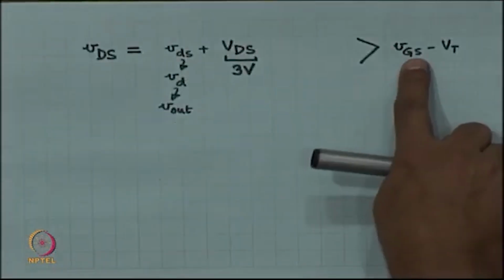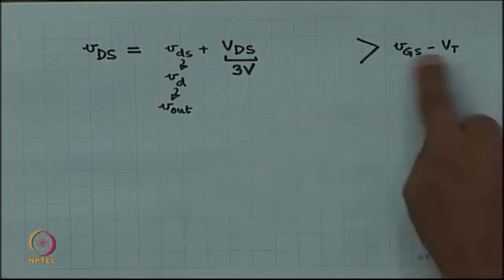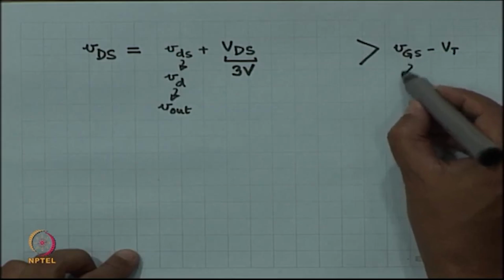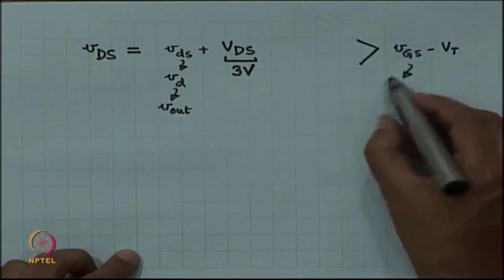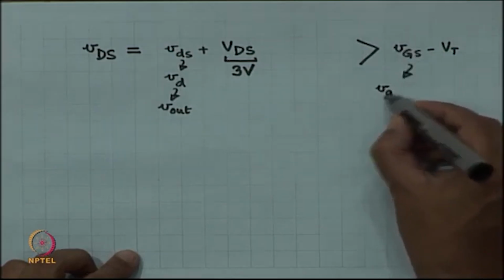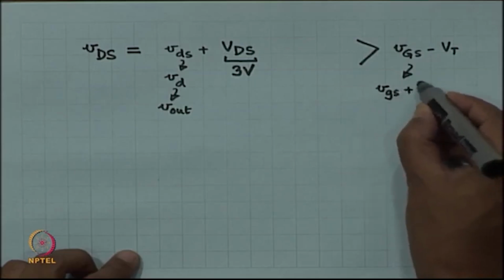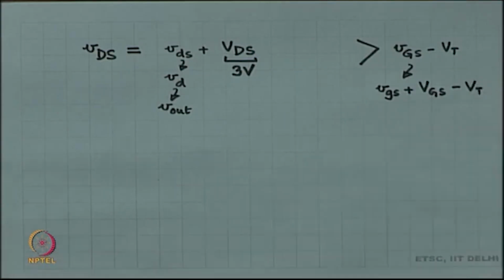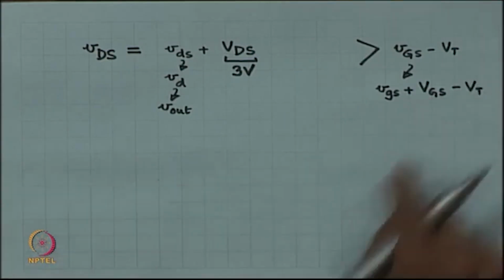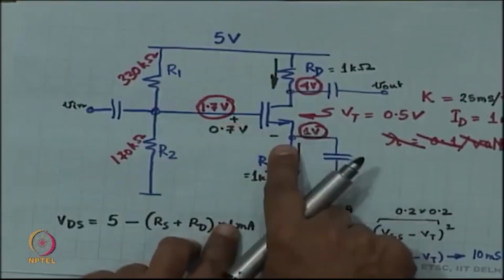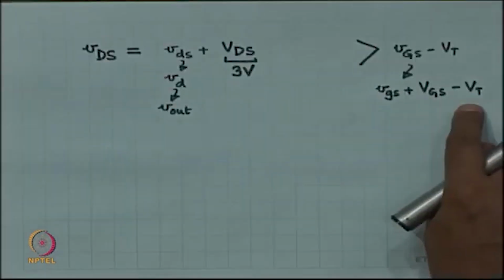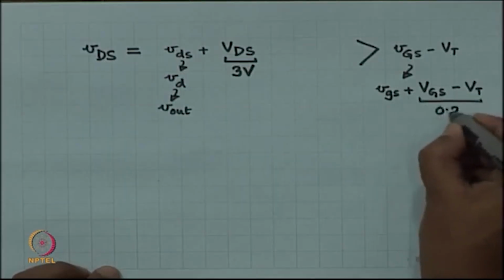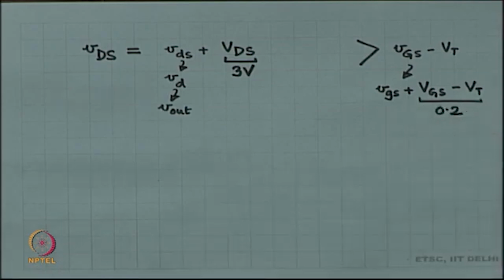So, once again, VGS minus VT, small VGS comprises of small vgs plus capital VGS. Okay. And this capital VGS is how much? 0.7, VT was 0.5. So, this portion is 0.2, we know this.